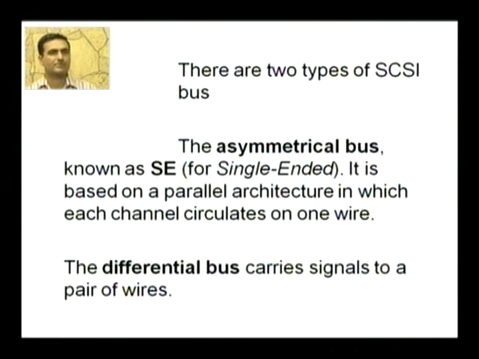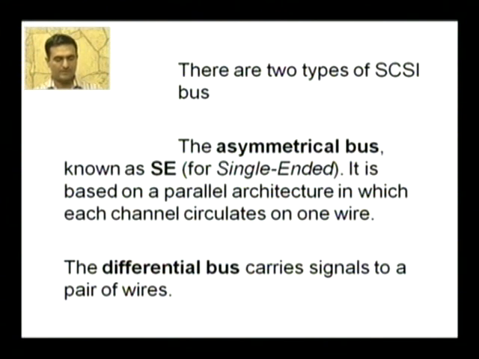There are two types of SCSI buses. The first one is the asymmetrical bus and the second one is the differential bus. Asymmetrical buses are also known as single ended or SE. It is based on a parallel architecture in which each channel circulates on one wire.